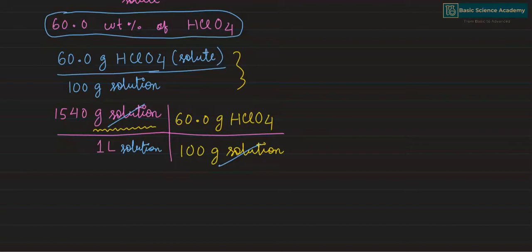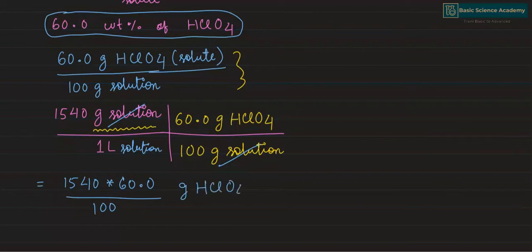This will give us 1540 gram multiplied by 60 divided by 100. This is the gram of HClO4 present in 1 liter of the solution.